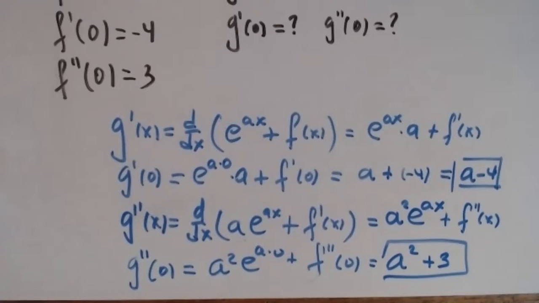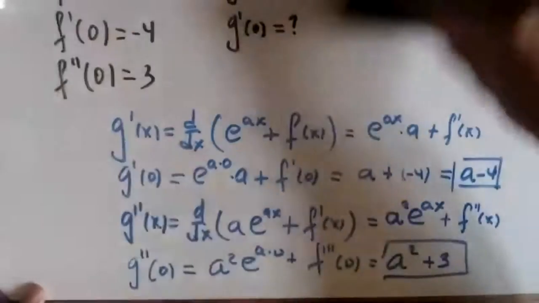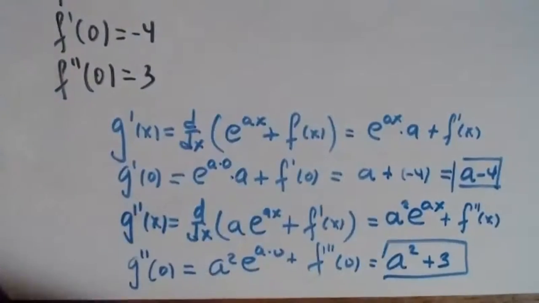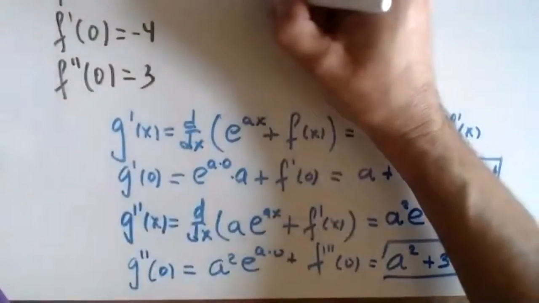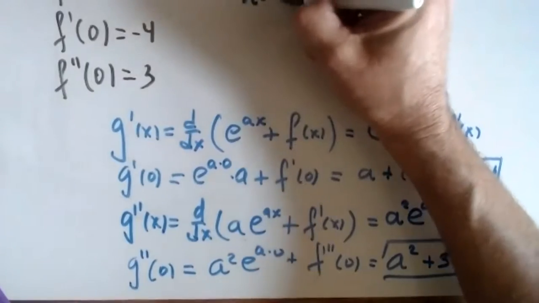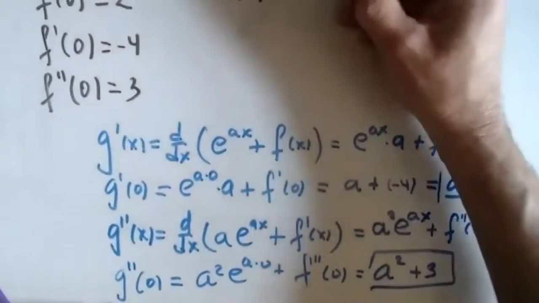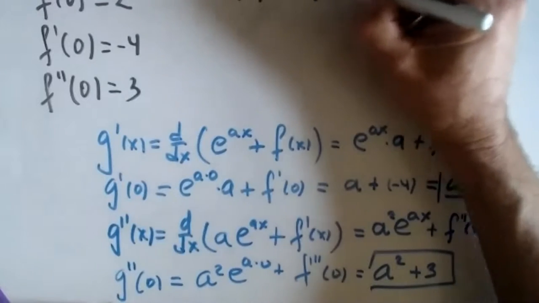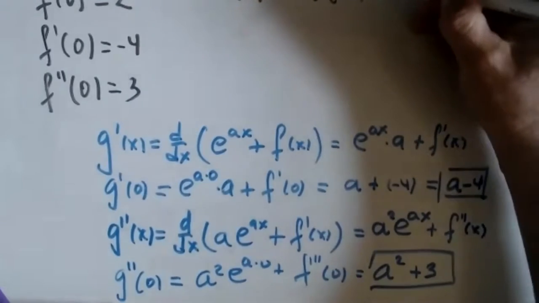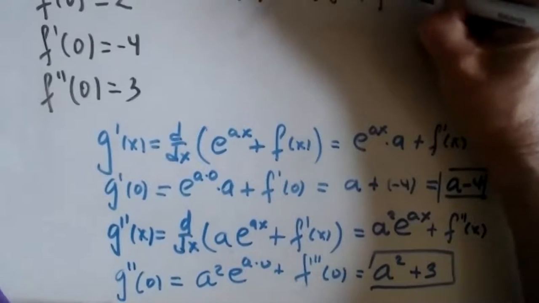Let me now go to the second part. In the second part, you read that the function h is given by another composition. Let me write it here. h of x is cosine of kx times f of x.